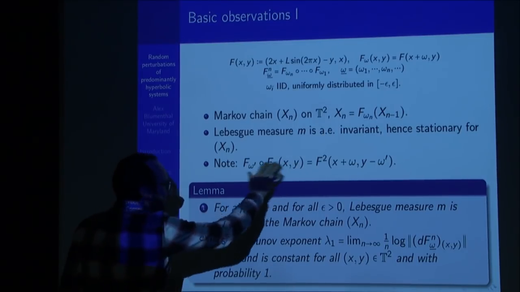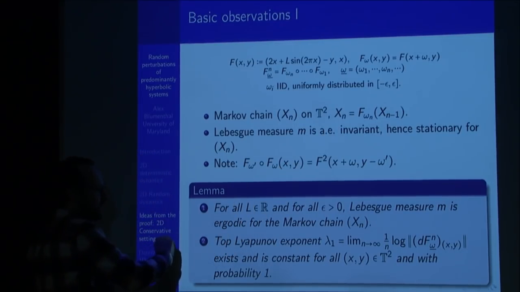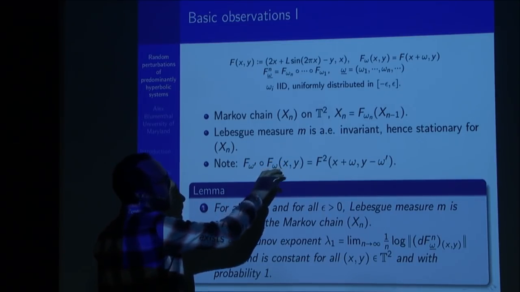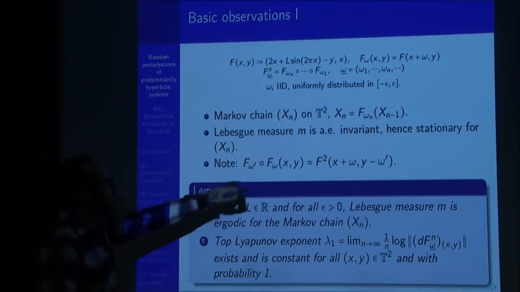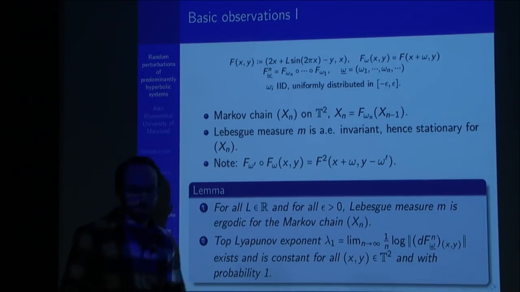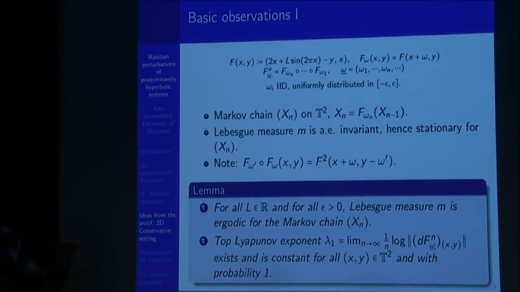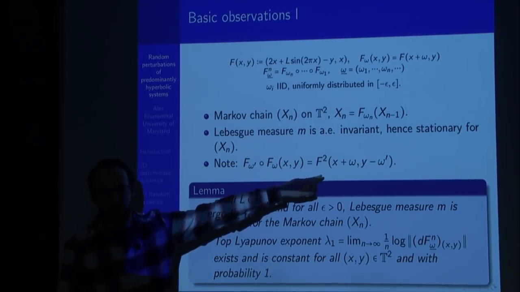Now, this is kind of a funny thing, but what I want to say here is that, morally speaking, even though I'm kicking only in the x direction, so you might be worried that this is kind of a singular random perturbation, this is actually, morally speaking, an absolutely continuous random perturbation, right?